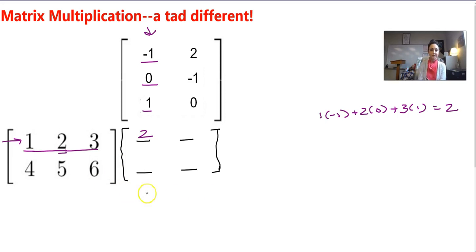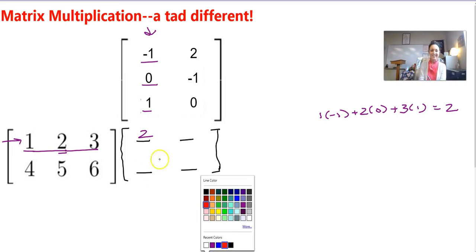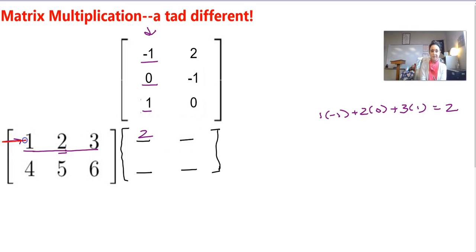It's a little different, so let's try a couple more. Let's now go to this element. This is still row 1, so I'm still using this row, but now I'm in column 2, so I need that column. Start on the outside and work your way in.